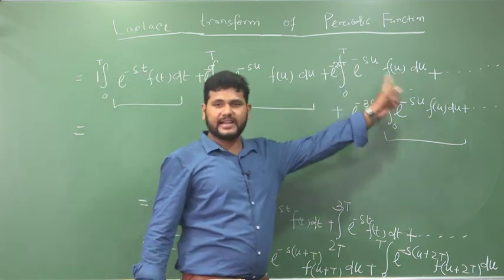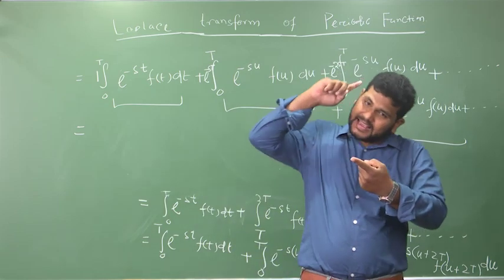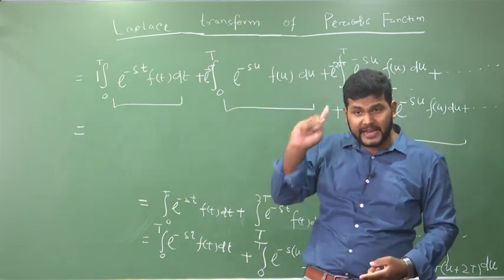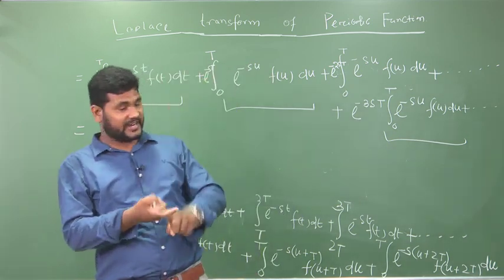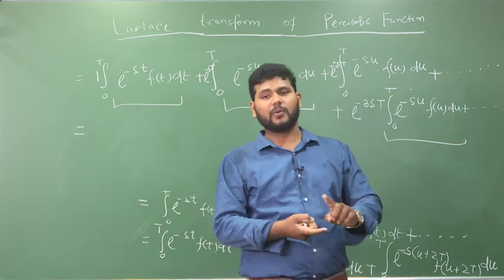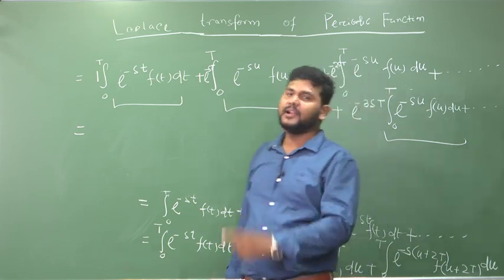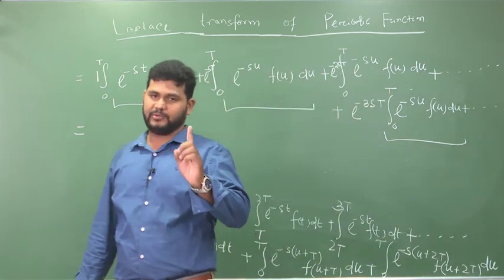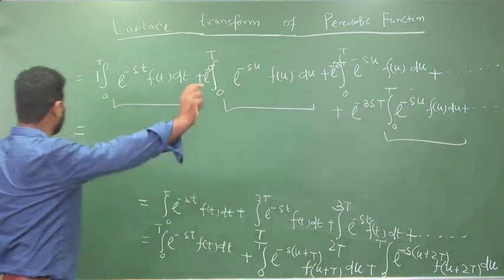It is convenient for me to take every variable the same. In every integral I will take a single variable, whether t, x or y, whatever dummy variable is present in every integral, we will take the same variable. So let's restrict it to u. Okay, so that is looking good.